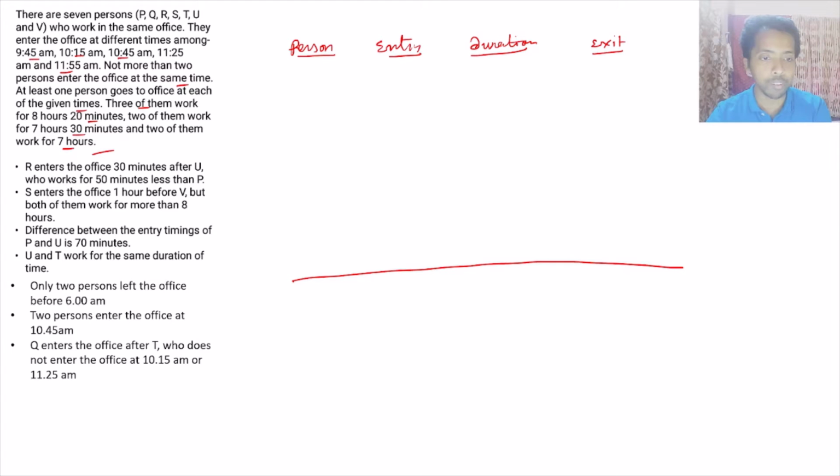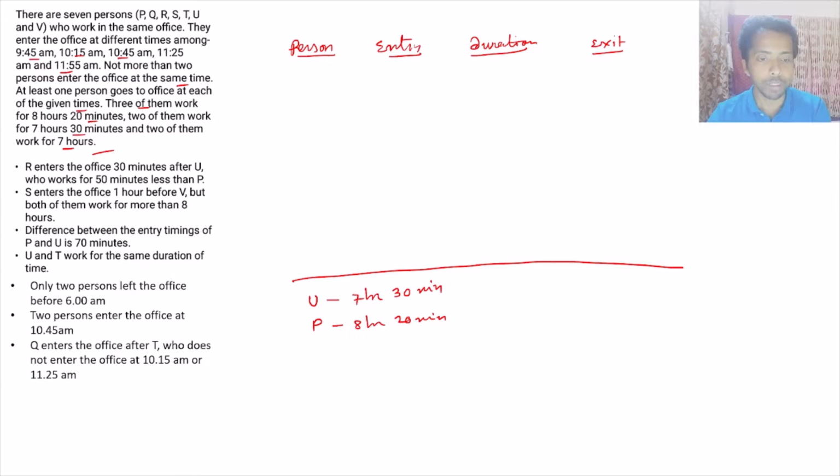R enters office 30 minutes after U, who works 50 minutes less than P. So this time duration is 50 minutes less than P, that means what? 8 hours 20 minutes and 7 hours 30 minutes, the difference is 50 minutes. Only this category satisfies. So U is here for 7 hours 30 minutes, and P works for 8 hours 20 minutes.